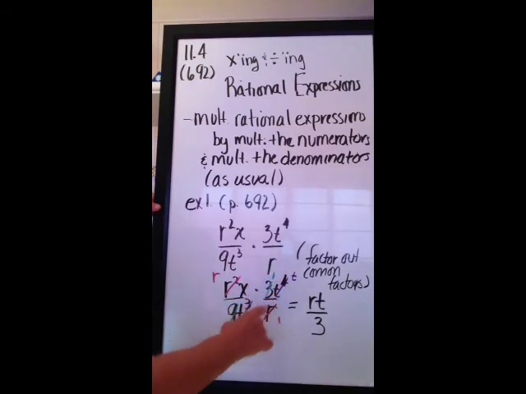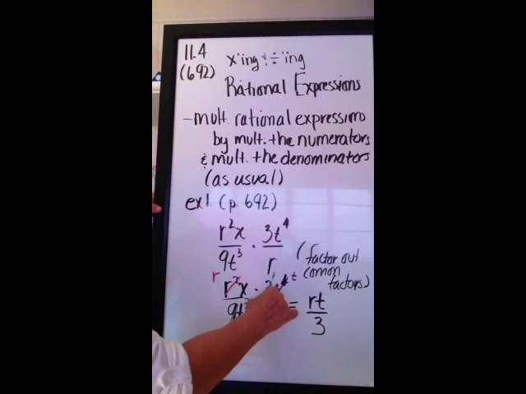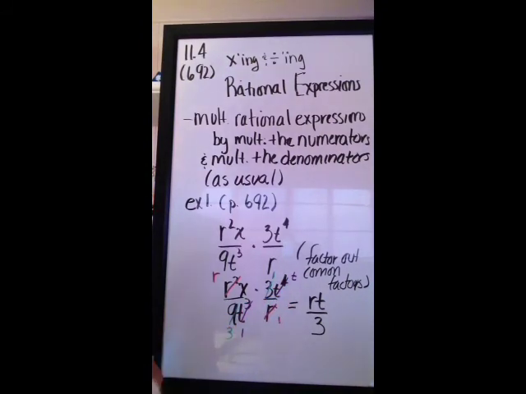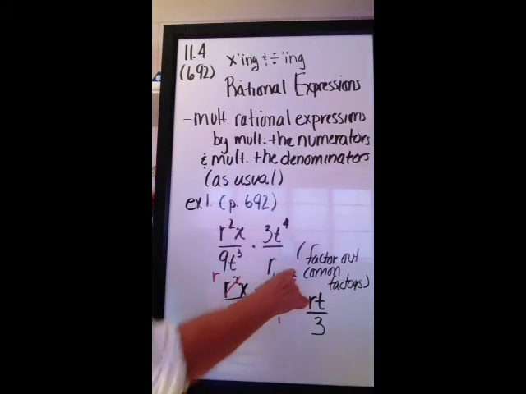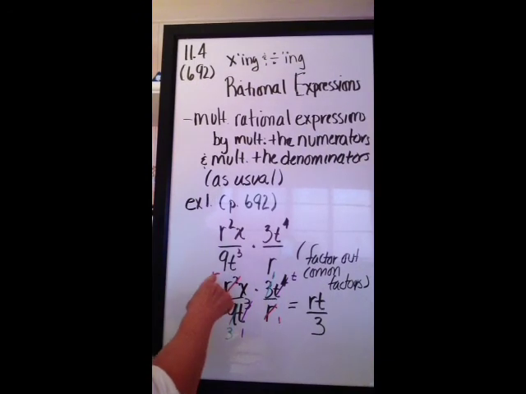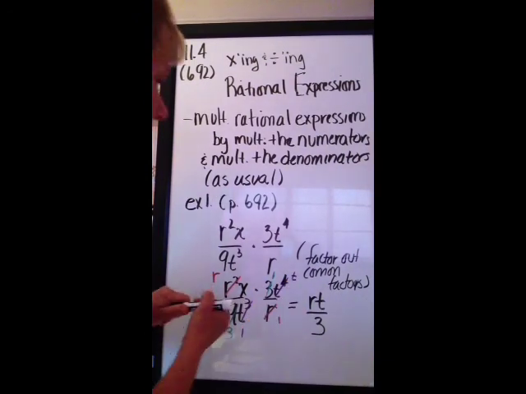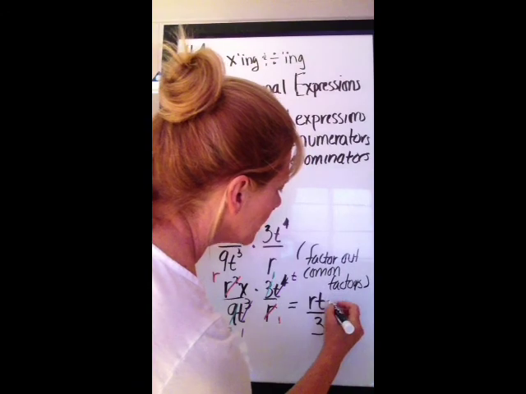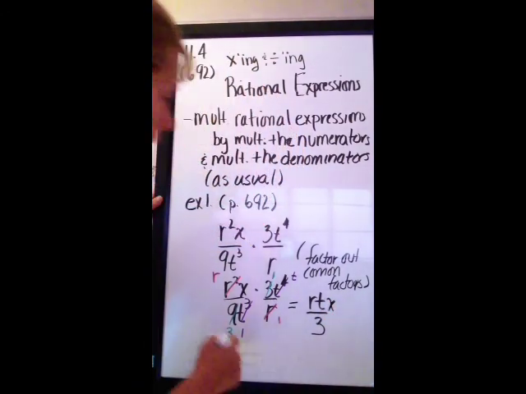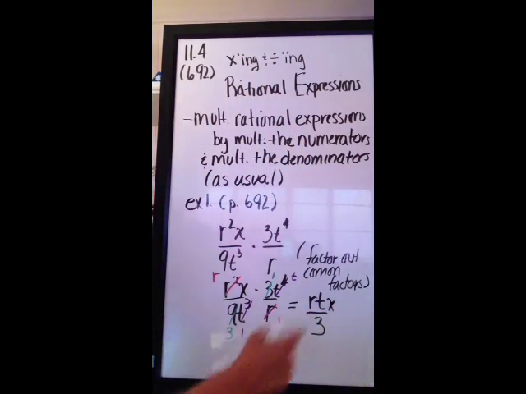I can factor out a t to the third from t to the third and t to the fourth. I forgot my x here. When I multiply, t to the third divided by t to the third is 1. T to the fourth divided by t to the third is t. I multiply across: r times x times t, and 3 times 1 is just 3.